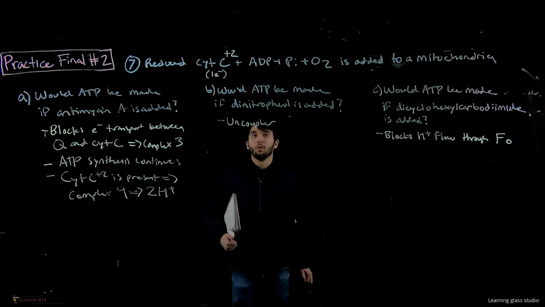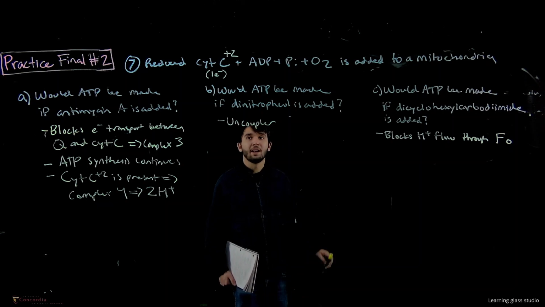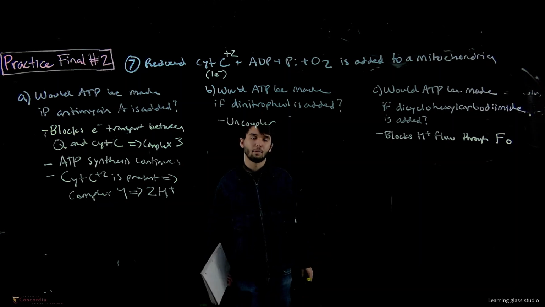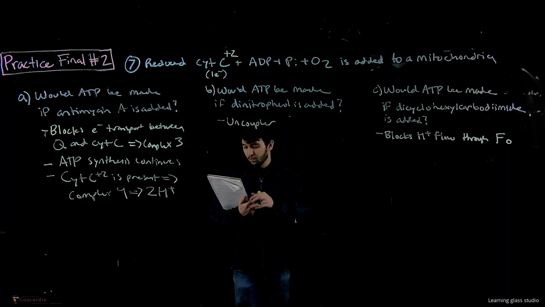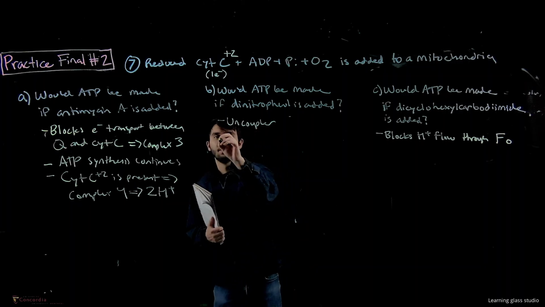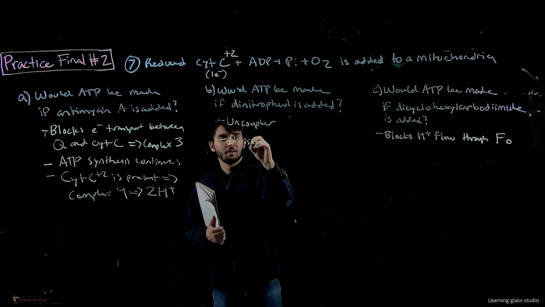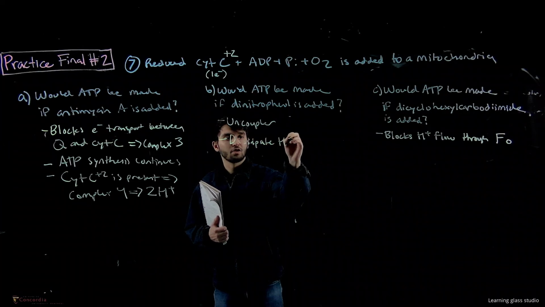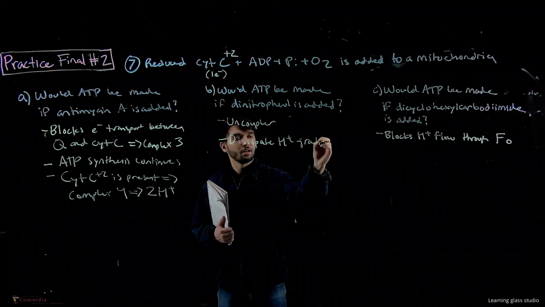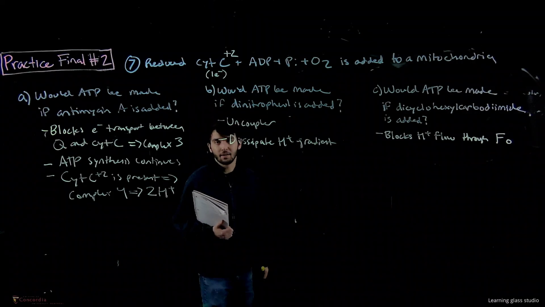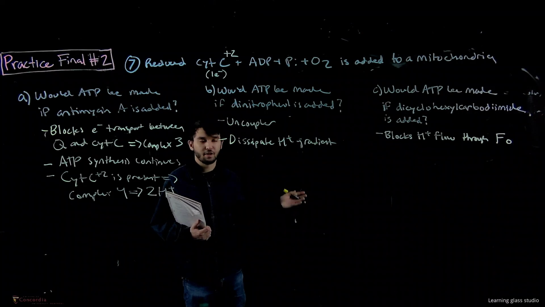What would happen, or would ATP be made, if we add dinitrophenol? Remember, this is an uncoupler. Essentially, this is going to dissipate the H plus gradient. What does that mean? It means we get rid of the H plus gradient.